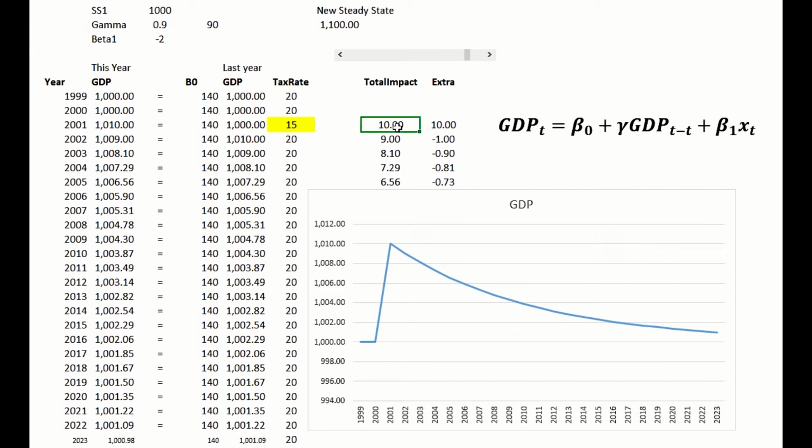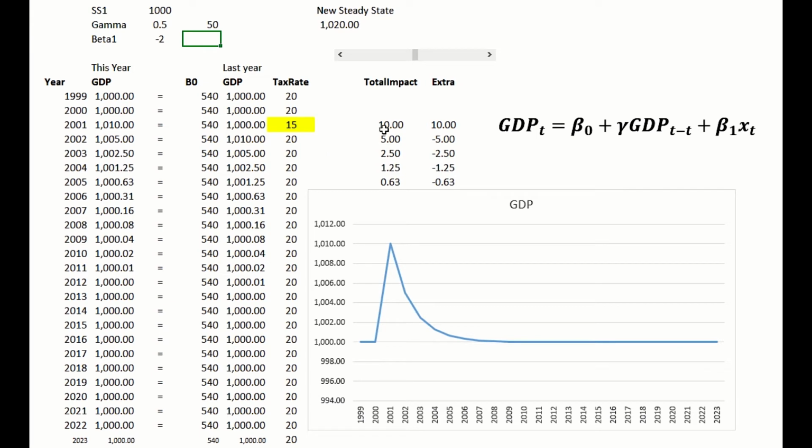And we can see that total impact decreasing. Right? So on the graph, you can see that GDP jumps up, and then that impact slowly dissipates. Now the speed at which this dissipates is going to depend on gamma. If we had a much lower parameter, then it dissipates much more quickly.